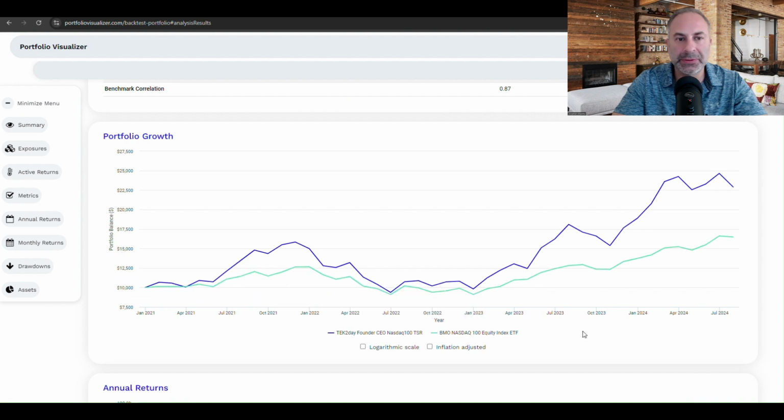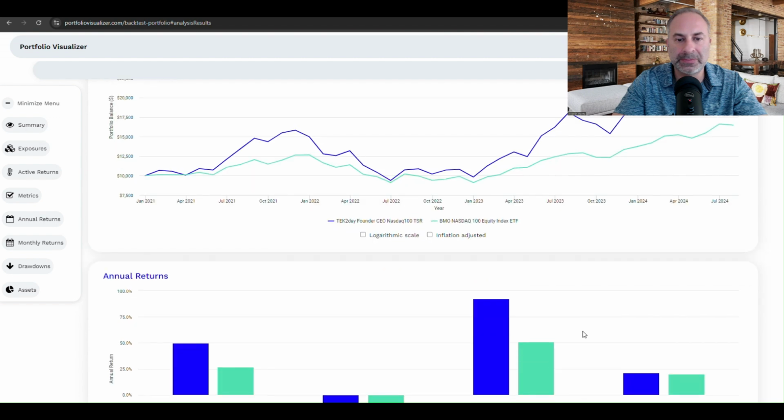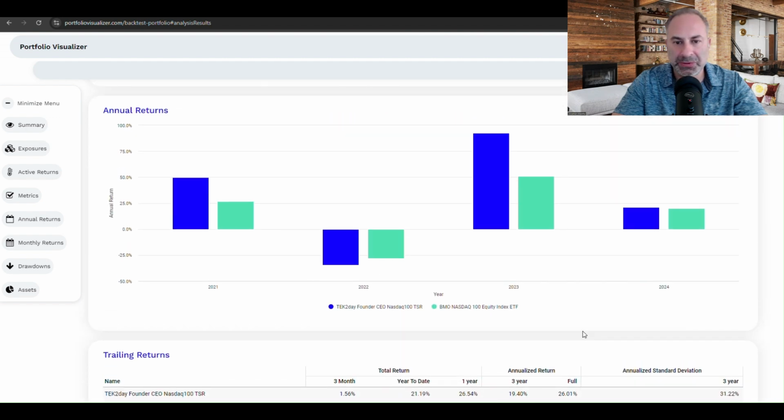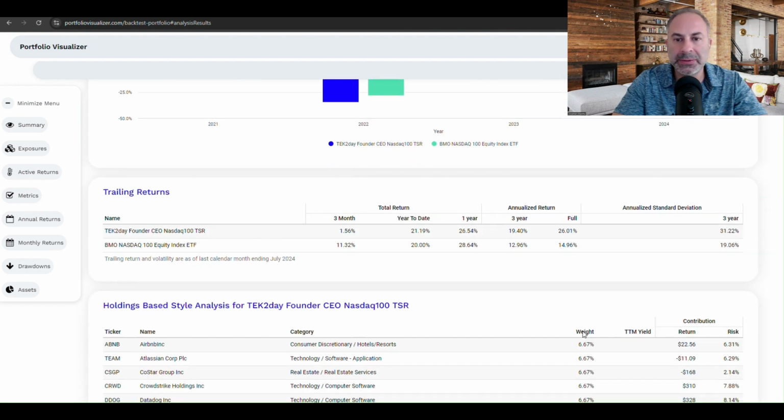This is sort of the annual return distribution in chart form. The TEK2day portfolio versus the NASDAQ 100. Trailing returns. This is the first time I'm looking at this data. Total return 3-month, 1.5% year to date, 21, 1 year, 26.5. I've seen that before.